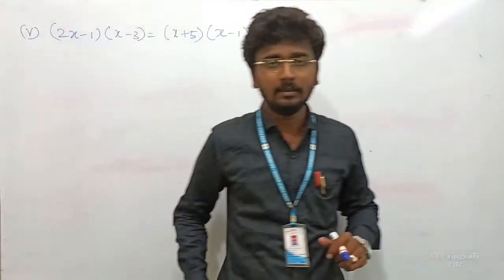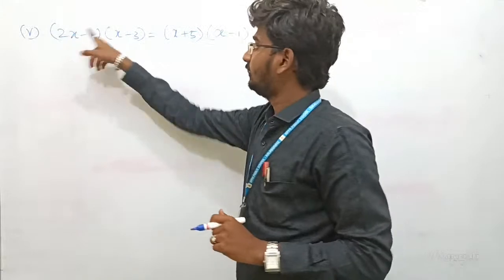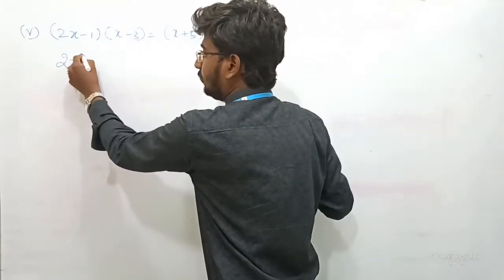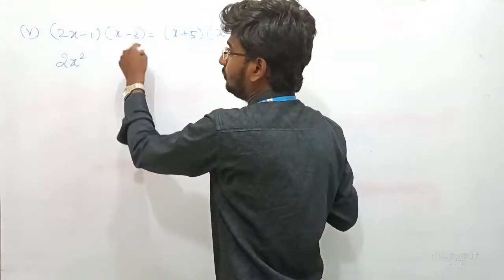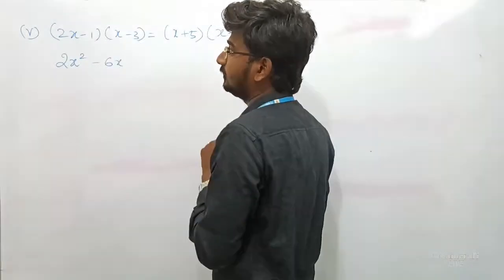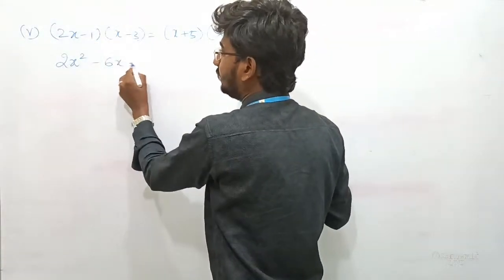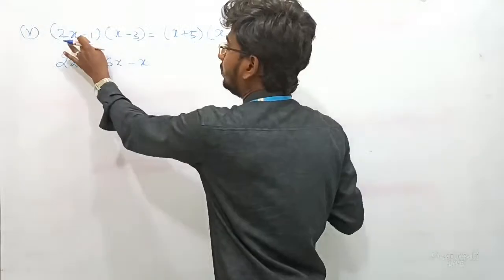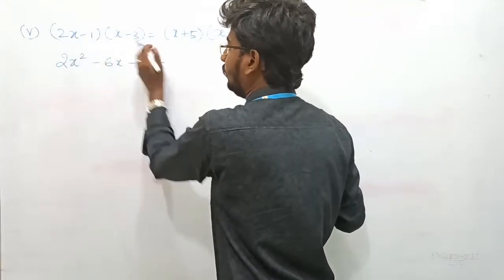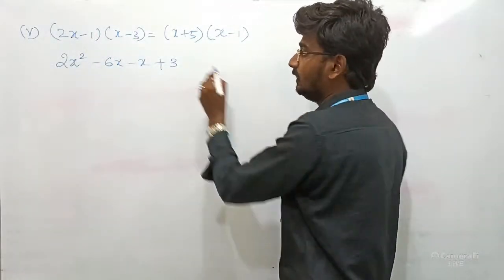Again multiplying the bracket terms: 2x into x, 2x square; 2x into minus 3, minus 6x; minus 1 into x, minus x; minus into minus will become plus, 1 into 3 will be 3.